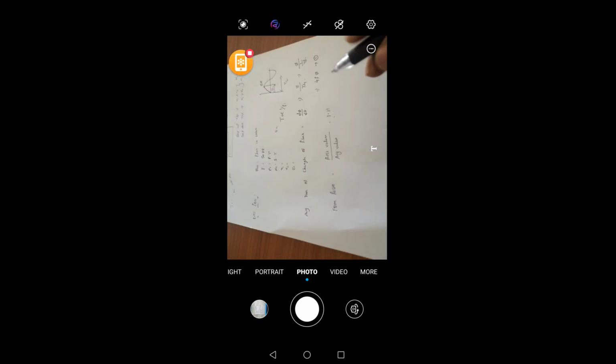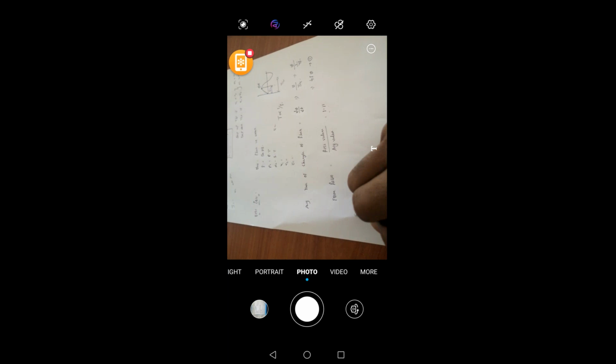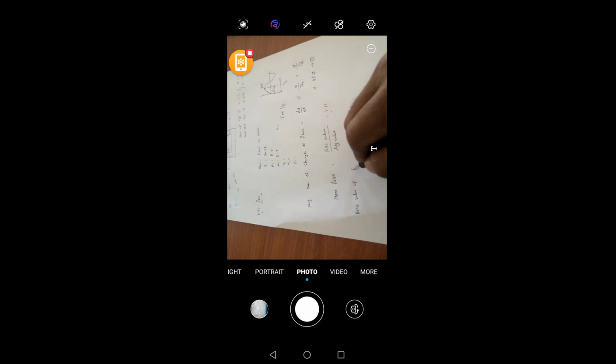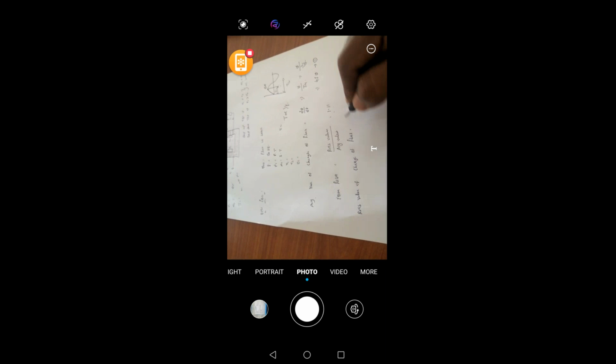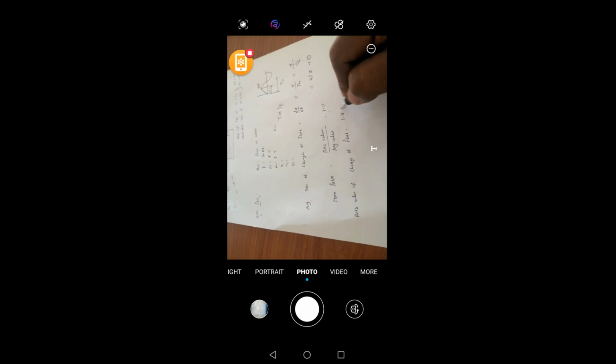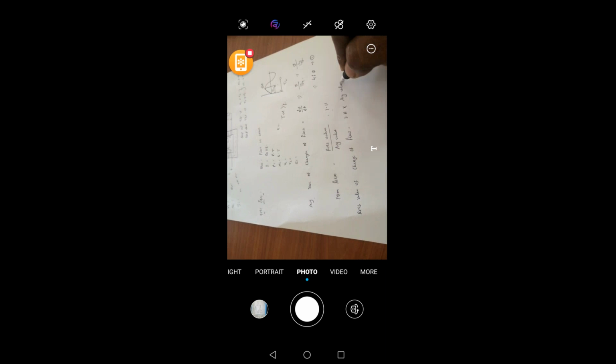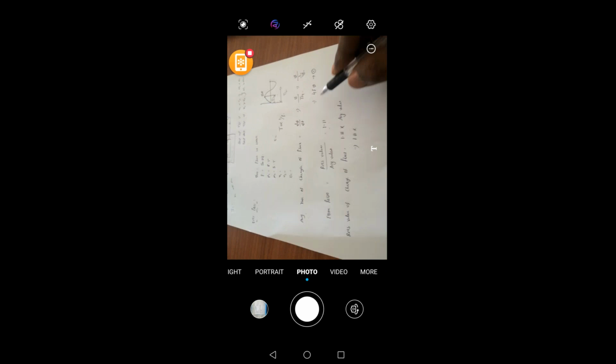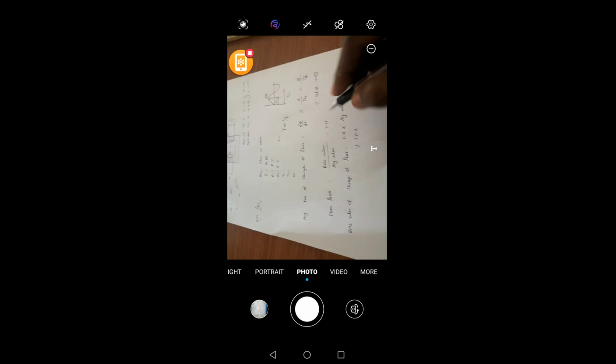Now I want to know the RMS value of change of flux, which equals 1.11 into the average value. So 1.11 into, what is the average value here? 4 f pi. If you multiply this, you get 4.44.